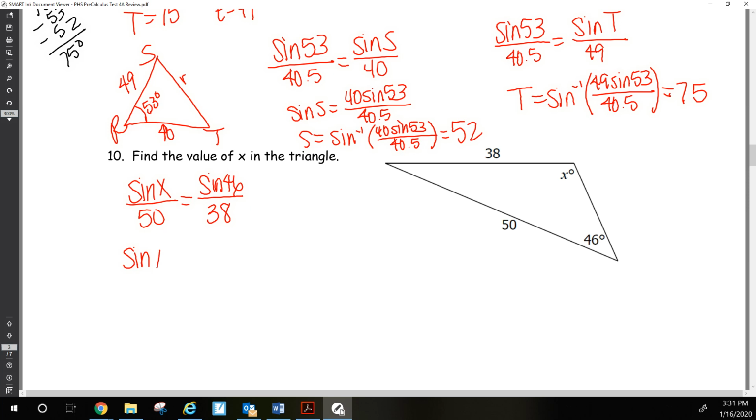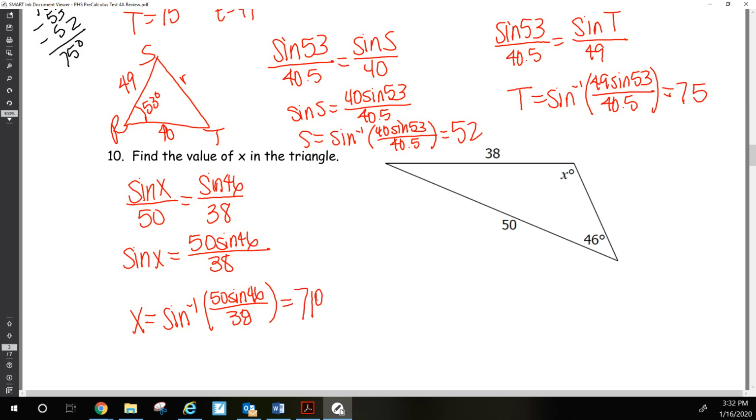So sine x would be equal to 50 sine 46 over 38. All right, and so x would be sine inverse of 50 sine 46 over 38. And so x is equal to, when we plug that into our calculator, 71 degrees.